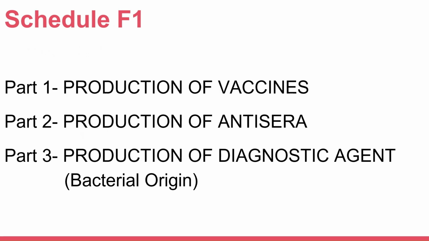Schedule F can be remembered from the word fast. F is for fast. Fast action is needed during emergencies. Fast need of blood is essential during emergency. You just remember fast need of blood.